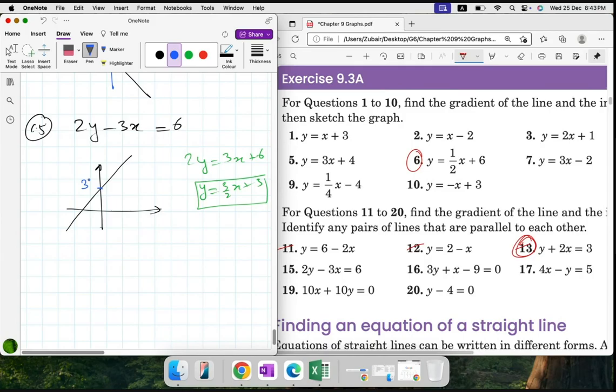Yes, sir. This is correct. Only a slight change. Don't write 6 by 2, write 3. Oh, my bad. Yes, sir. 3.